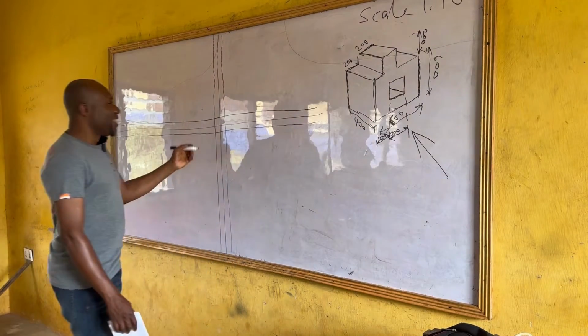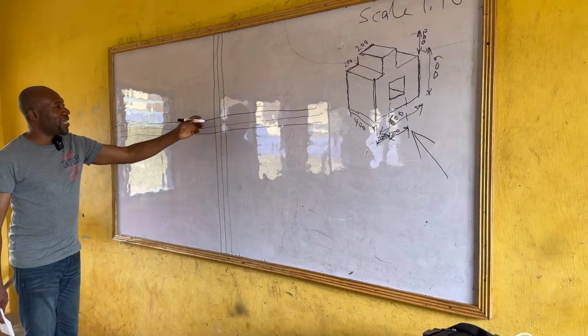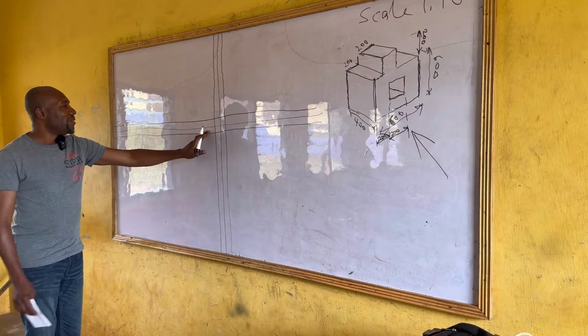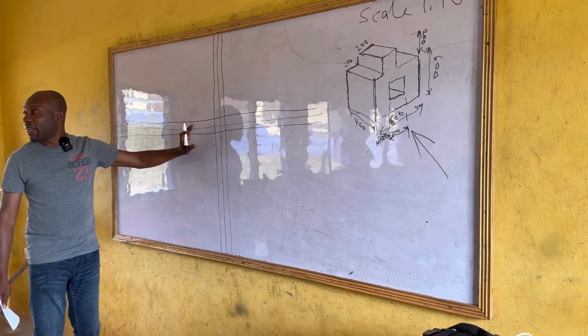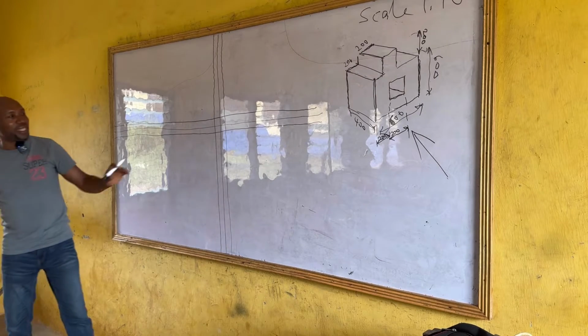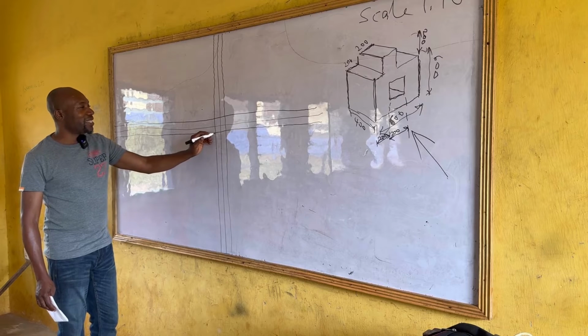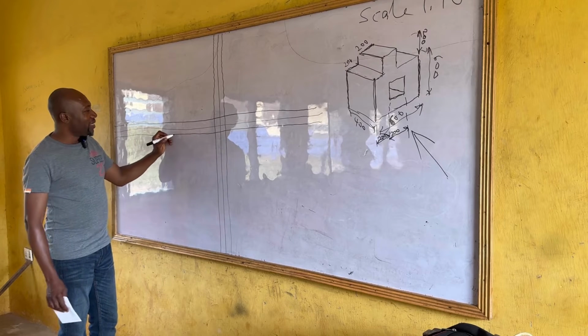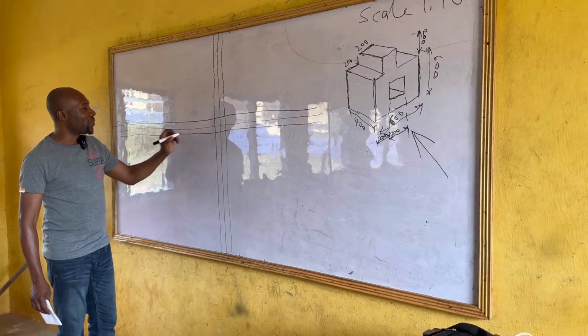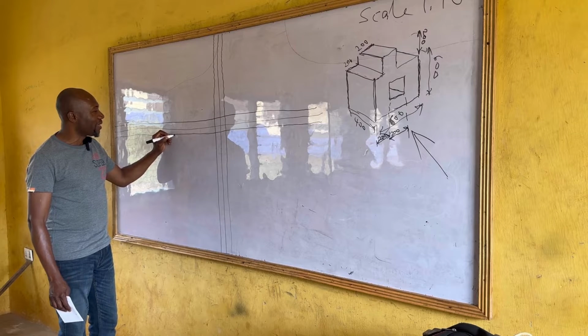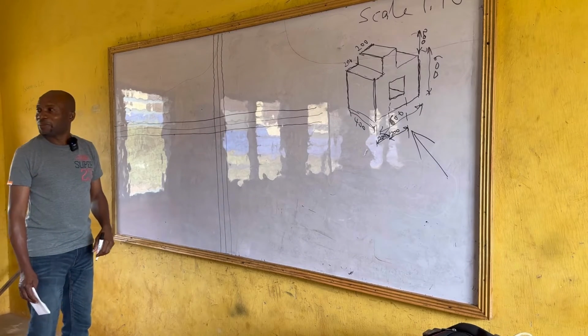After drawing this line, it's a faint line, it's a constructional line. So you just measure 600 millimeters, the distance from here to this side. If the distance from here to this side is 600 millimeters, you mark your 600 millimeters here.